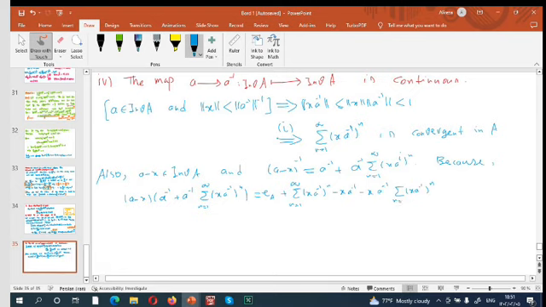But this is equal to the identity element of A.